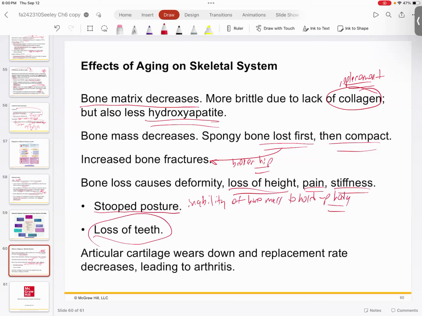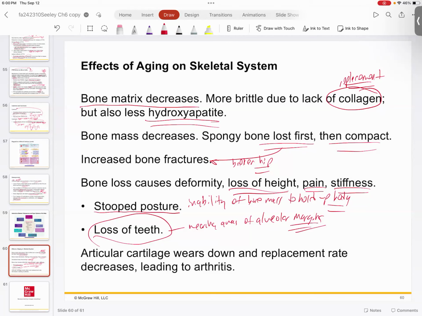You'll start to lose your teeth. Typically you'll get the wear away of the alveolar margins. Where are the alveolar margins? It's basically the lines of your mandible and your maxilla, where the roots of your teeth are embedded in the bone of your maxilla and your mandible.